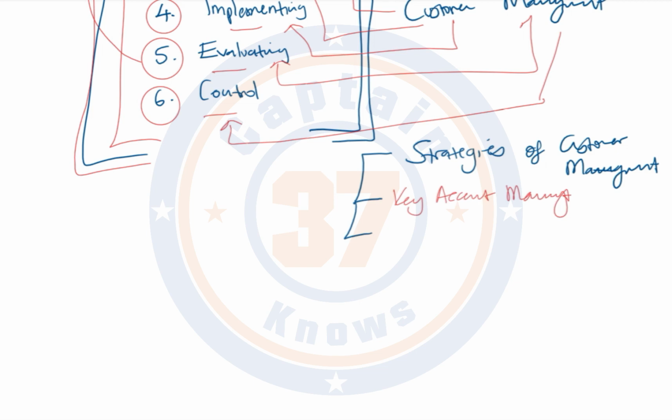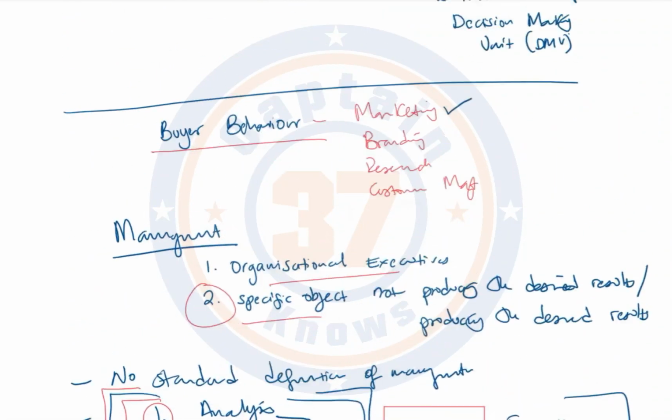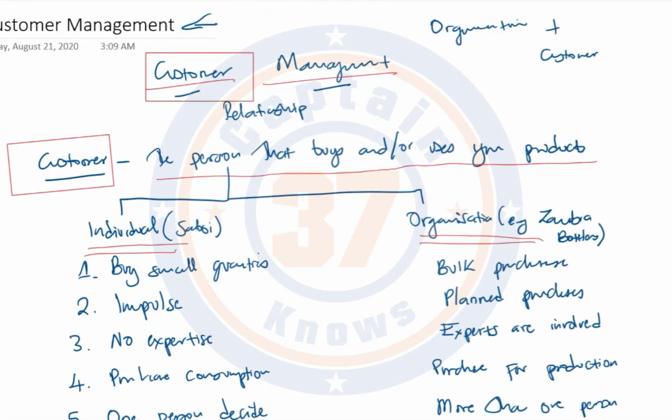Another example of a strategy is customer service. And as we proceed in our studies, these are some of the key strategies that we're going to look at. Not these two, there are more than two, but they are very important in maintaining that relationship with the customer. After all, the name of the subject is customer management. My name is Savoy. Feel free to get in touch with me.